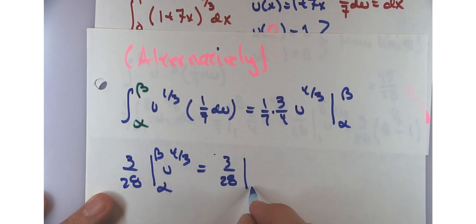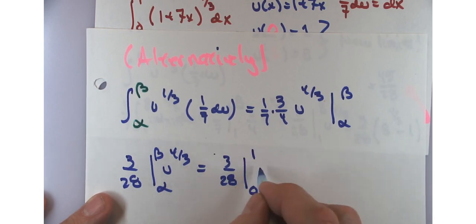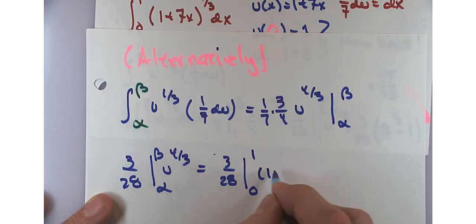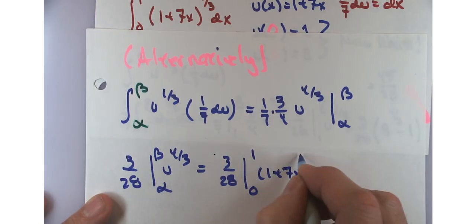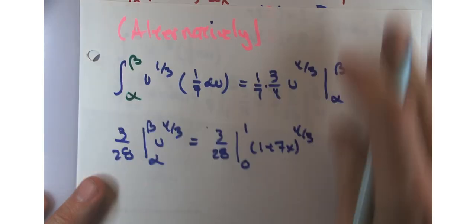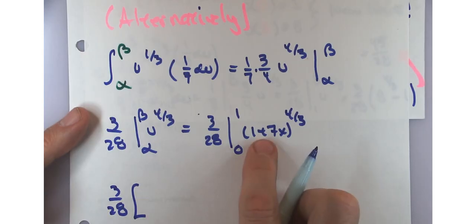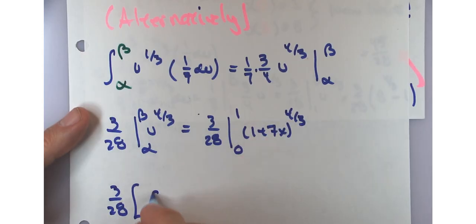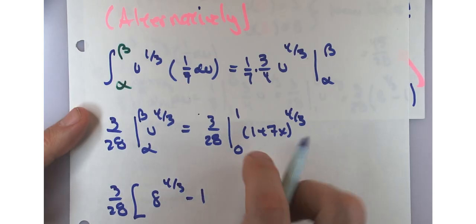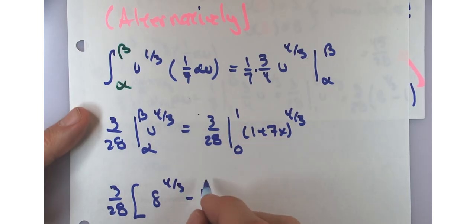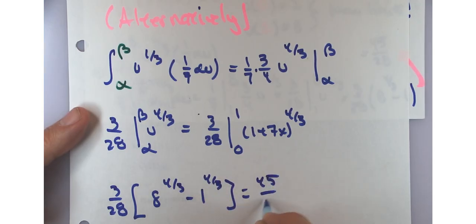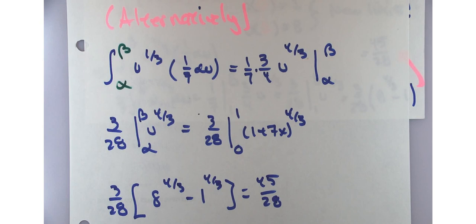So I can put in the limits 0 to 1, and I'll put in 1 plus 7x raised to the 4/3, and it finishes up like you would expect, 3/28. If I put in a 1 here, I'll get 8 to the 4/3 minus, and 0 plus 1 is 1 to the 4/3, and that'll give me my 45/28 as I got before. I just don't like it that way.